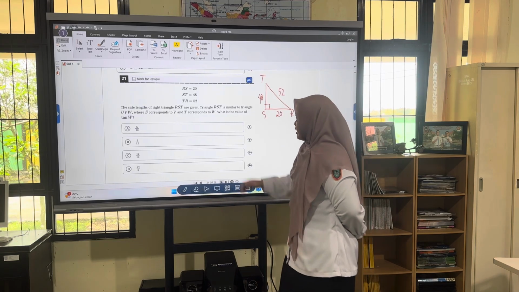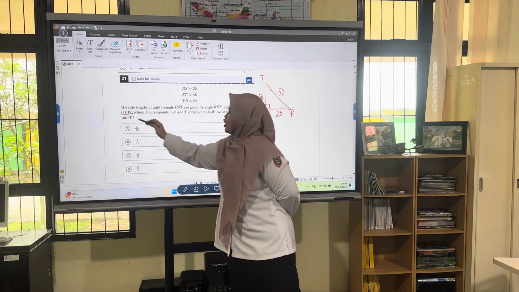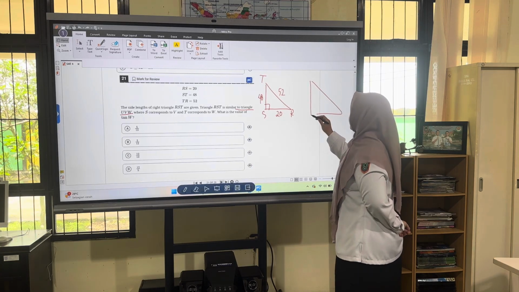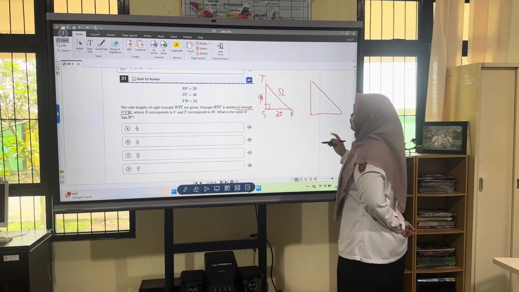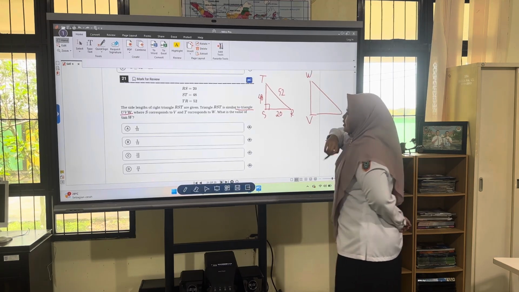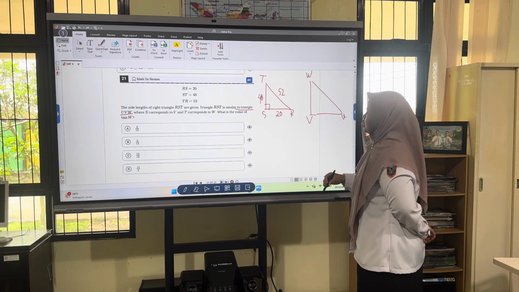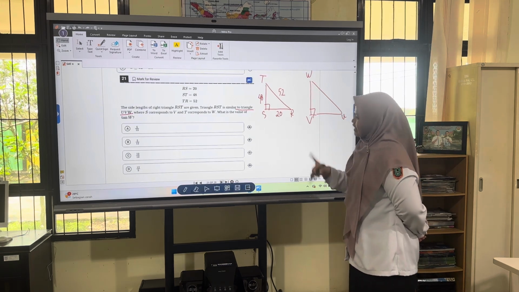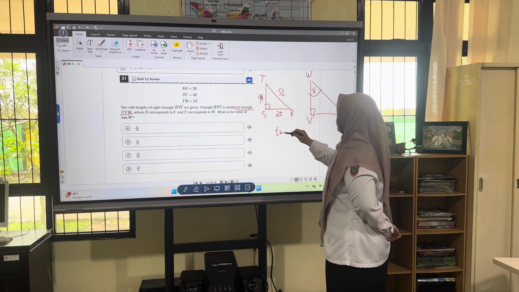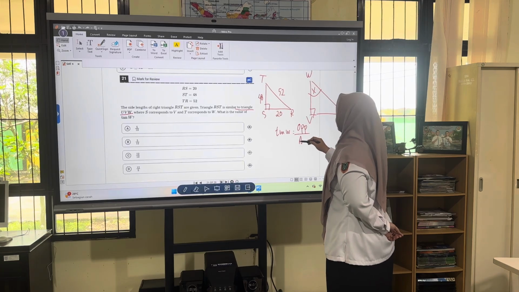And then they say the triangle is similar to UVW. T corresponds to V, W, I mean. So this one is U. They're asking you what is the value of tangent W. So tangent W is the formula opposite over adjacent.